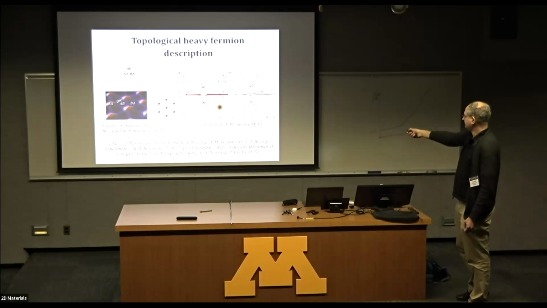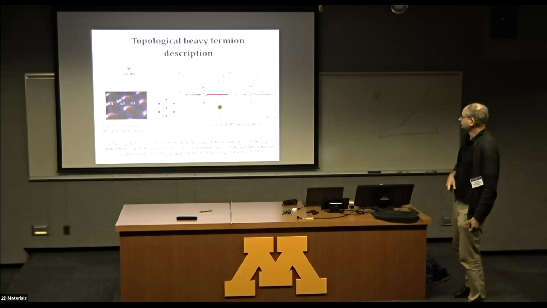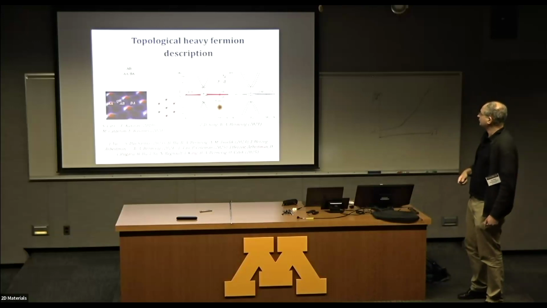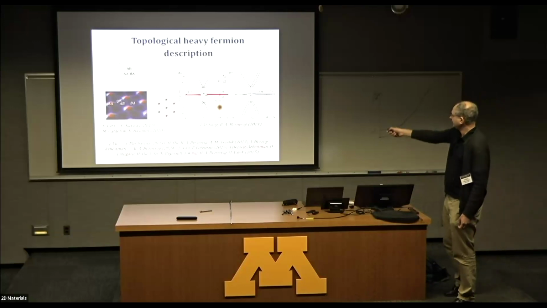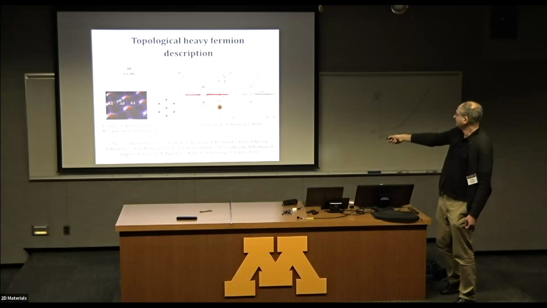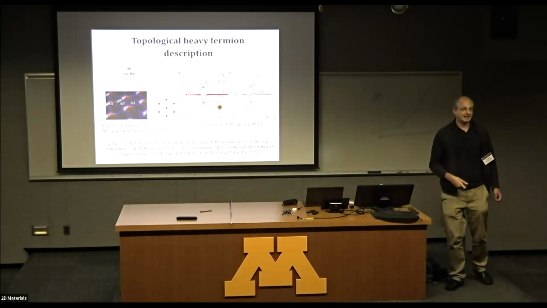There's a different orbital that captures the Bloch state over here. So there are two types of orbitals in this description: 4 of them are called C and 2 of them are called F, and the hybridization of these orbitals basically forms the actual single-particle bands.